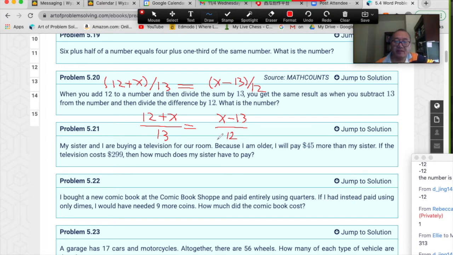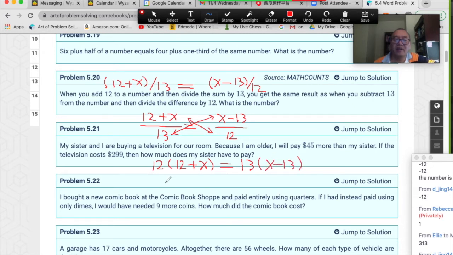So now to do this, remember this is a fraction. You need to do cross multiplication. Then we can convert this equation to 12 times parentheses 12 plus x equals 13 times parentheses x minus 13.